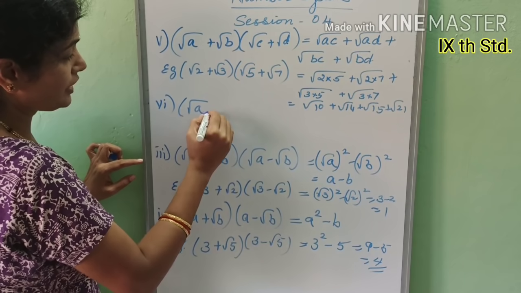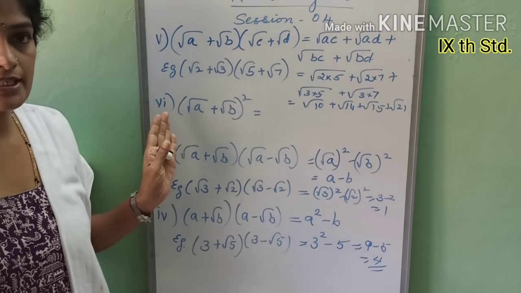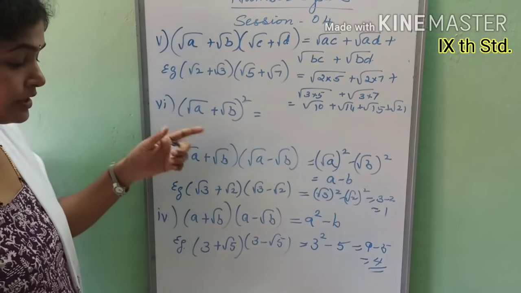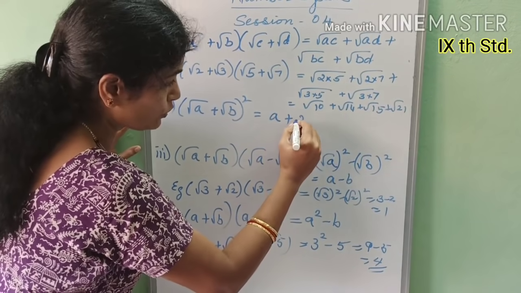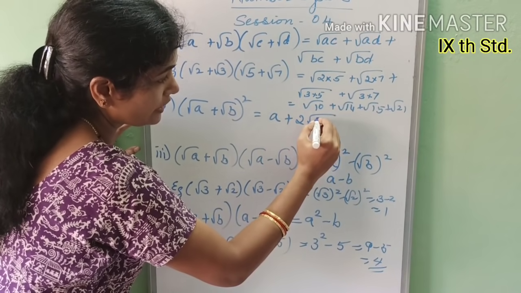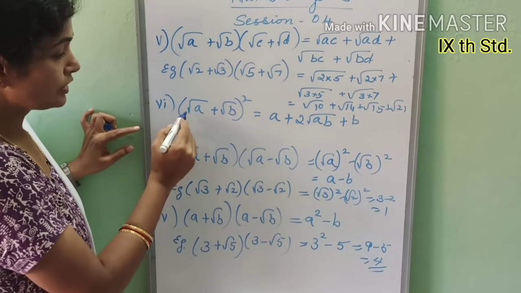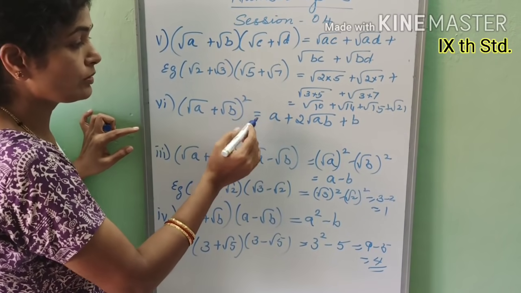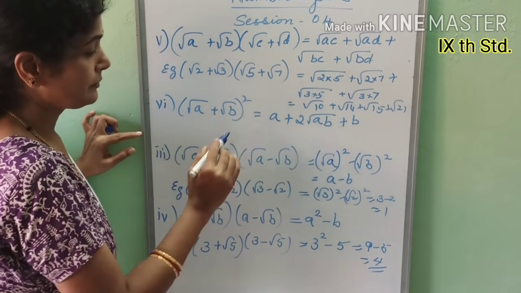Square root of a plus root b whole square. This is as good as saying a plus b whole square. So this is equal to a plus 2 root ab plus b. Root a plus root b whole square is equal to a plus 2 root of ab plus b.